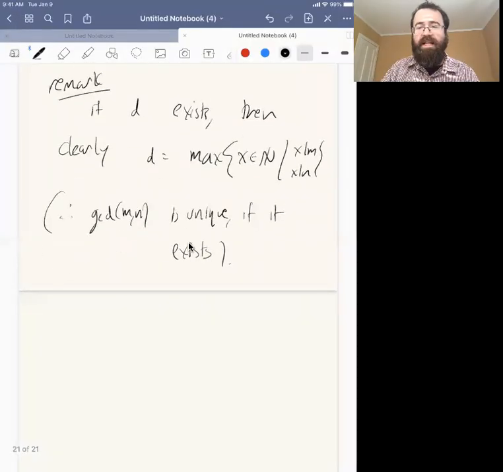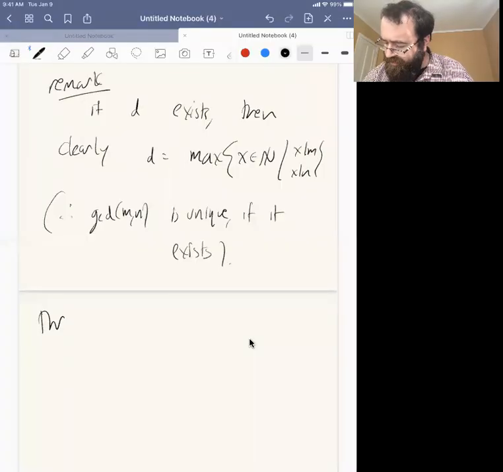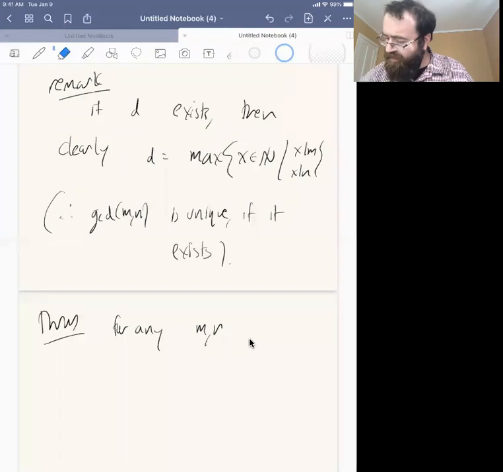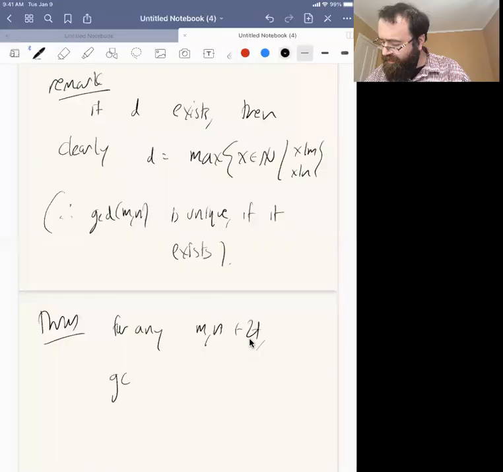Okay, but let's not beat around the bush. The main theorem is that, in fact, it does exist. Before I state the theorem, let me give you a definition. Well, I'll state the theorem and then I'll give the definition. So, theorem: for any m and n in Z, the GCD of m and n exists.